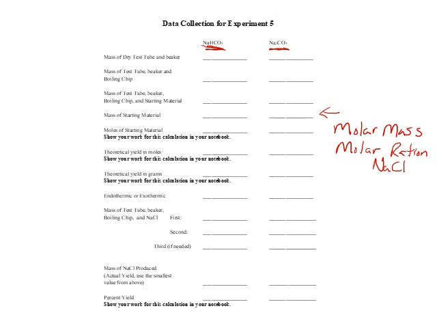And then you can calculate the theoretical yield in grams using the molar mass of your product, which in this case is sodium chloride.